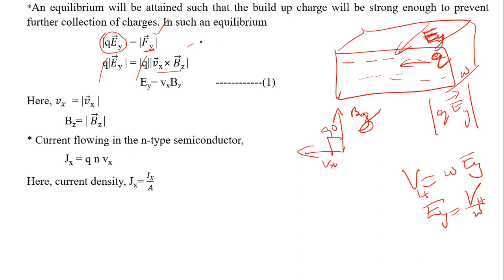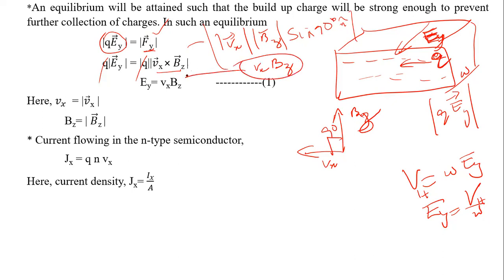If you take the cross product, this is simply the magnitude of Vx, the magnitude of Bz, and sine of the angle between them, sine 90 degrees, and the unit vector. By taking the magnitude, the unit vector is gone. So this is simply Vx Bz, as sine 90 is 1. If you do the cross product, this is what you will get: Ey is equal to Vx into Bz.